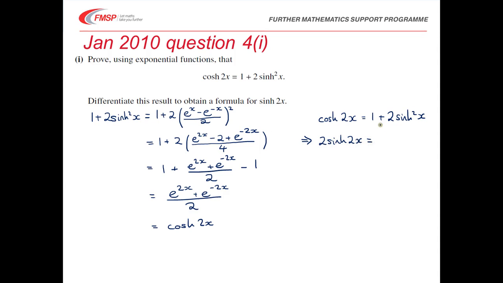And differentiating the other side, differentiate 1 we get nothing. Differentiate 2 sinh squared, that's 4 sinh, and then differentiate sinh to get cosh. Dividing both sides by 2 gives us sinh 2x equals 2 sinh x cosh x, which is an expression for sinh 2x as required.